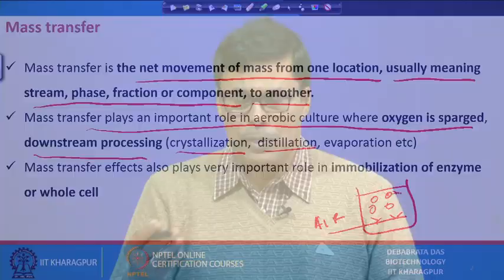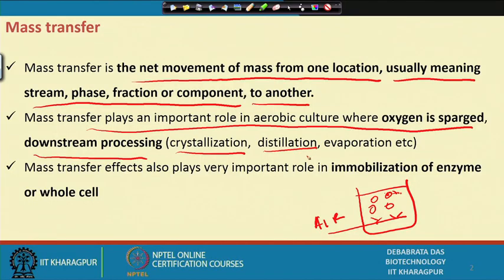I can give a very simple instance, the sugar crystals. If we keep it at low temperature, then crystallization of the sugar takes place. Then we have distillation, where we distill the liquid from one phase to another, from liquid to vapor, and evaporation, etc.